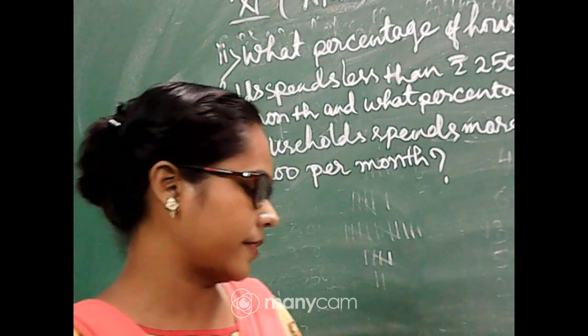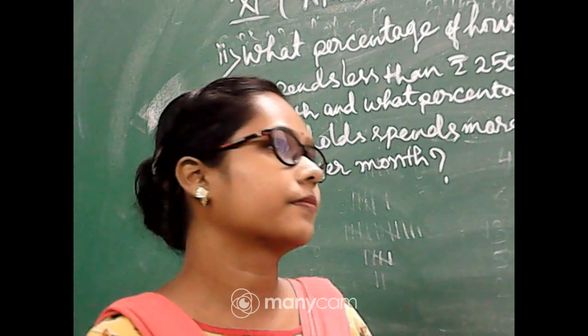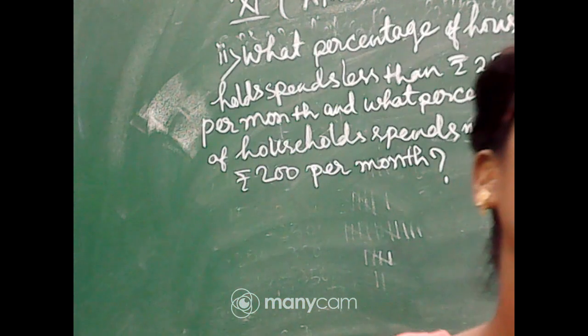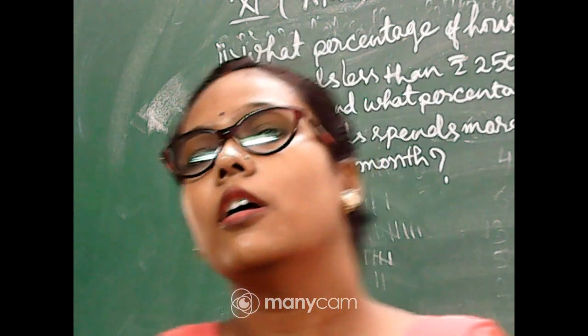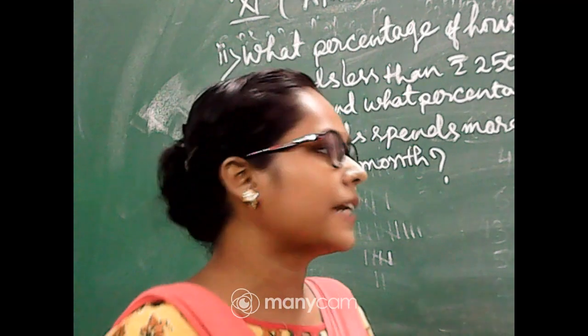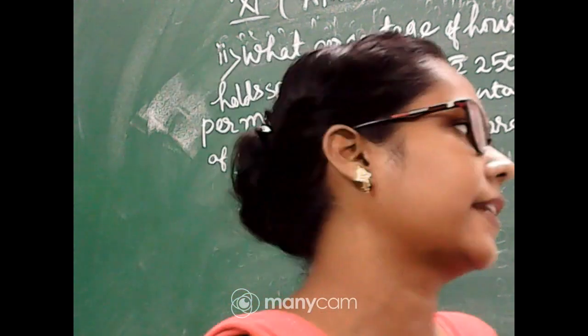Next, second question. So first what will we do? First we will find out the number of households who spend less than 250. After that we will find out the percentage.